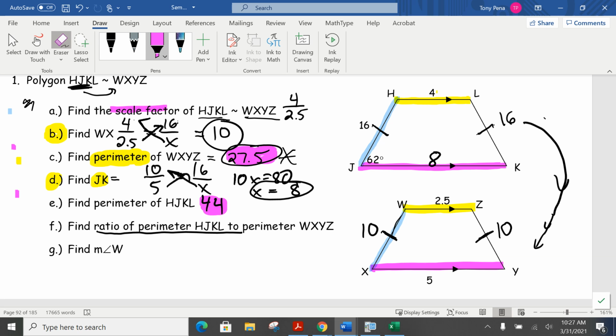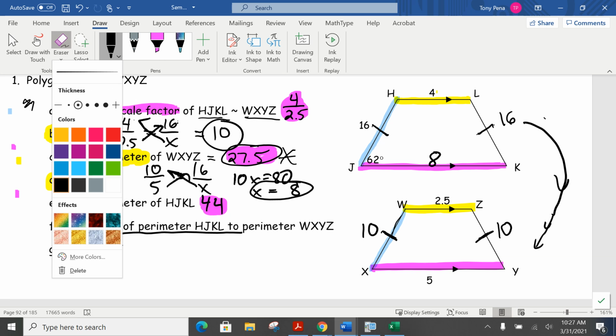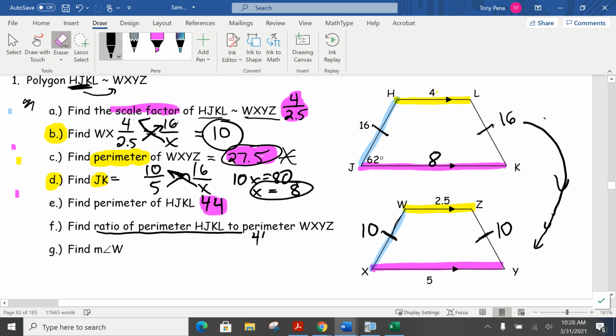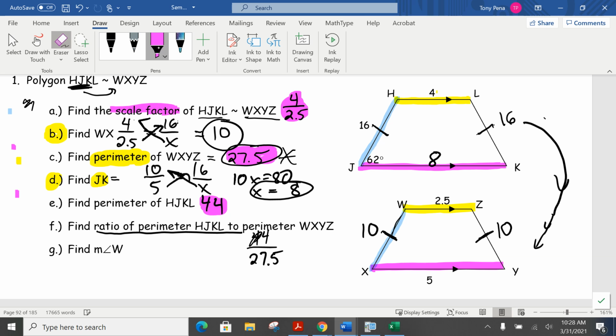When we did the scale factor up here, notice how we did the bigger side compared to the smaller side. Do that with the perimeters as well, just so we can see what I want you to see here. So if I did the perimeter of the big side, that's 44, compared to the smaller perimeter of 27.5. That's the ratio of our perimeters.